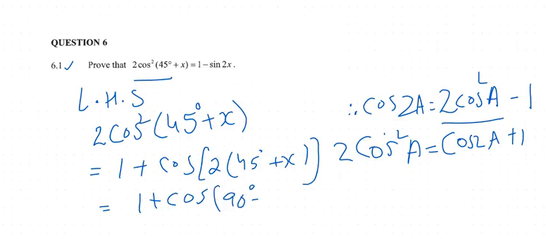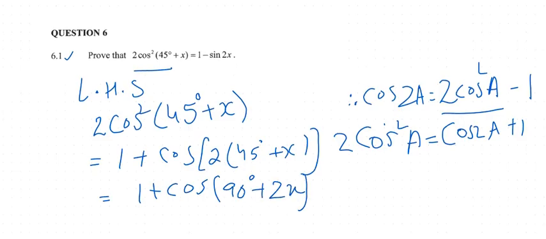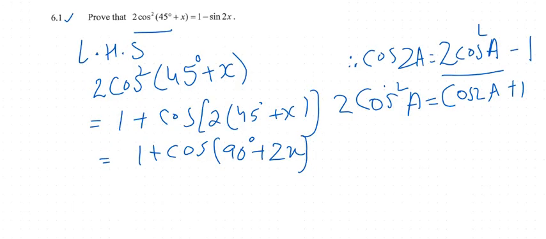Okay, so using the reduction formula for 90 plus theta, it is the second quadrant, where cosine is negative, so it becomes 1 plus minus sine 2x.